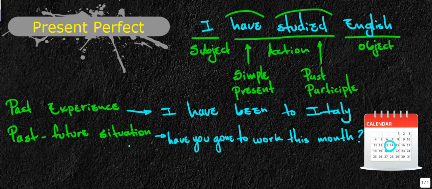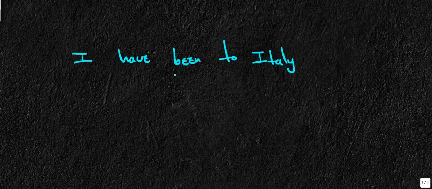Now let's talk about how we transform present perfect into negative, because you can see already here the question form. All right. If I repeat the same sentence that we had, which was I have been to Italy, you will see that it's possible to transform this sentence into negative by including not in the sentence.